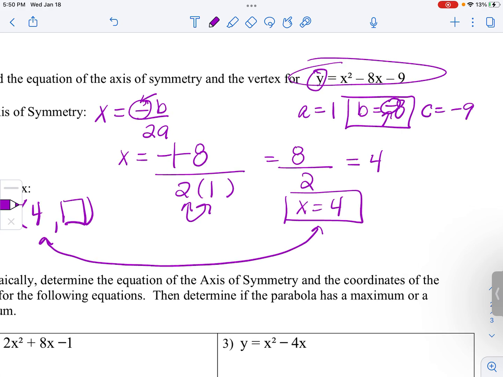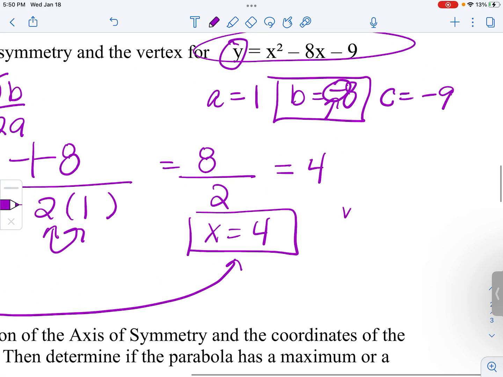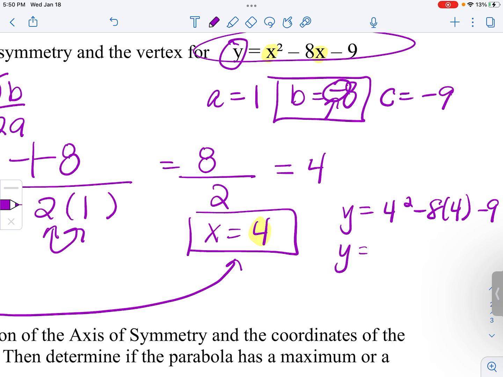So let's do it. I'm going to put it over here. Y equals, so anywhere I see x, we're going to put 4. So we have 4 squared minus 8 times 4 minus 9. If we do that math, you could plug this whole thing in the calculator if you want, or you could break it down a little bit.